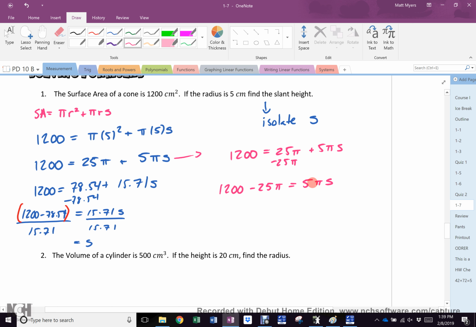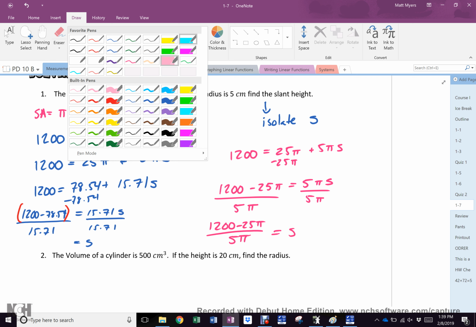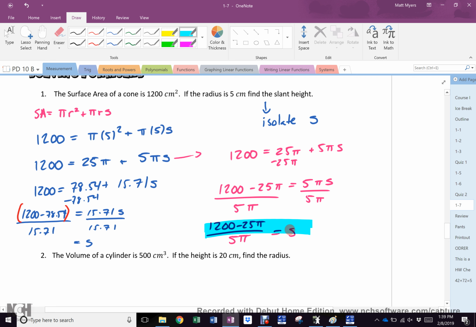How do I get rid of 5 times pi? I divide by 5 pi. So now s equals 1,200 minus 25 pi over 5 pi. And that is the better answer for math class. I assume that all of you are planning on attending some level of post-secondary education.